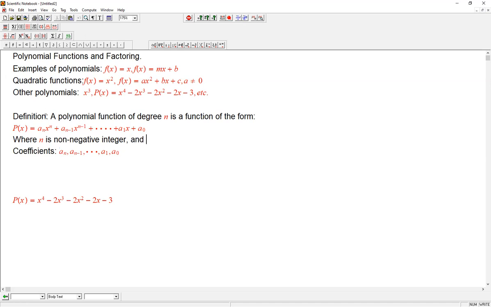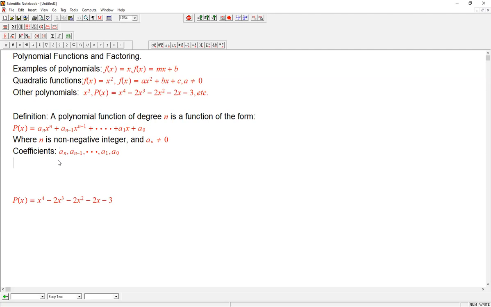And naturally, we assume a sub n is not 0, which is just a guarantee that the degree is n. These other numbers are called coefficients.